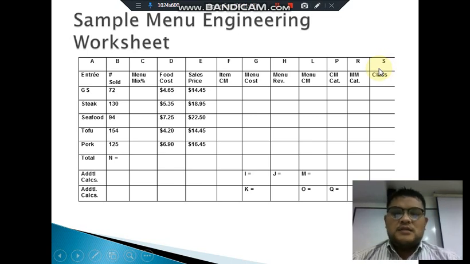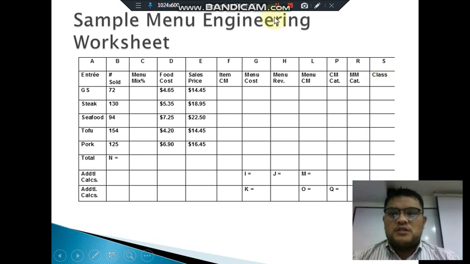Basically, if this menu engineering worksheet comes into the exam, they will definitely supply you with 4 columns filled. So for the 4 columns, you don't have to worry. It is a must for the question setter to put the information inside the question.